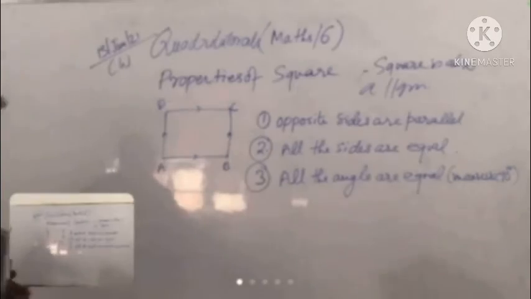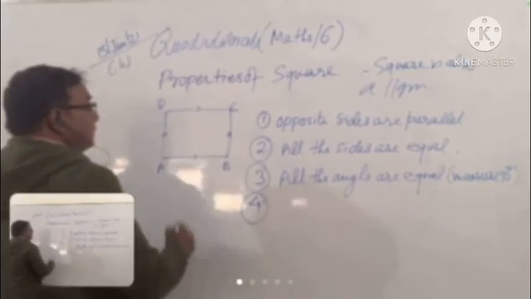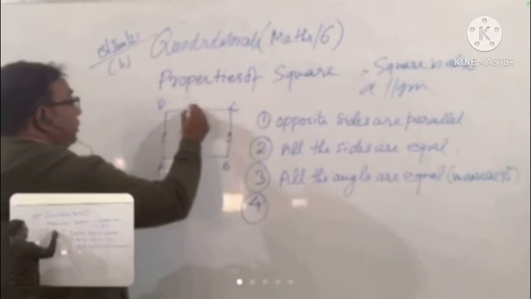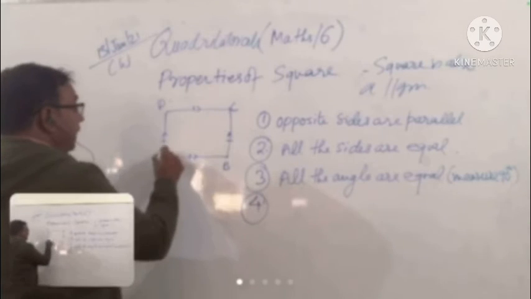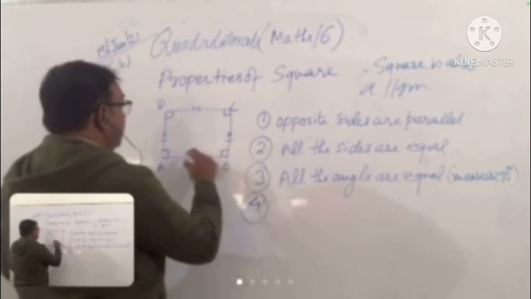Now you all understand the first three properties: opposite sides are parallel, all sides are equal, all angles are equal. Now let us understand the diagonals.